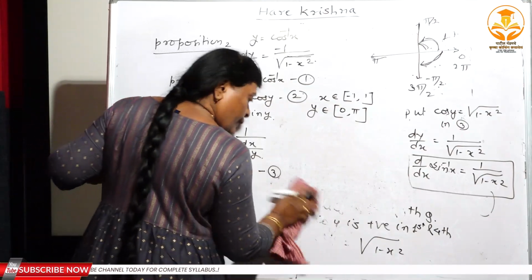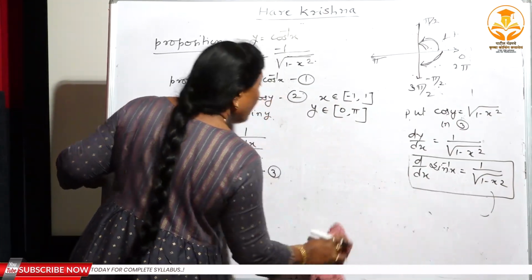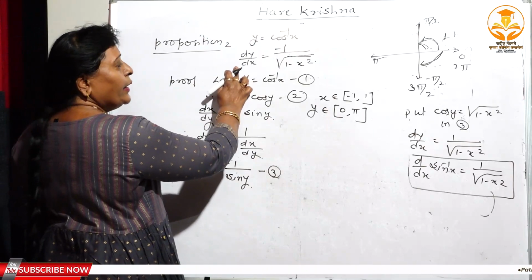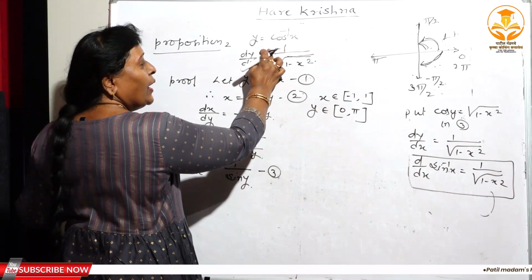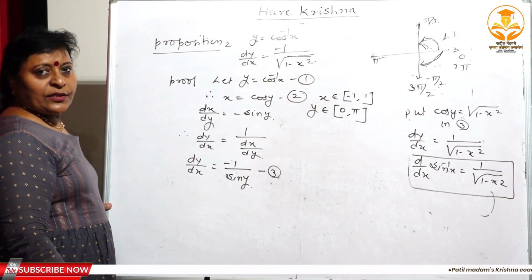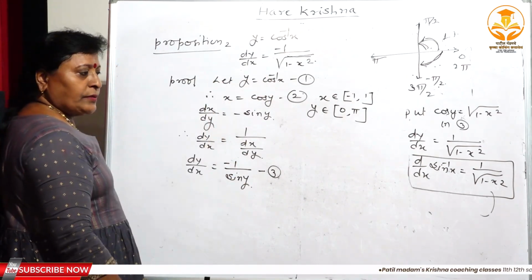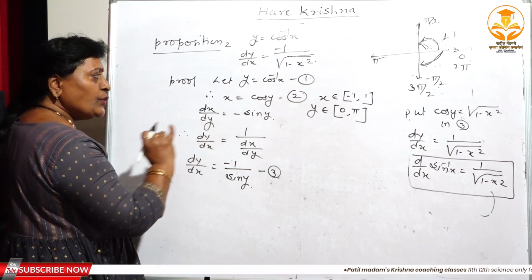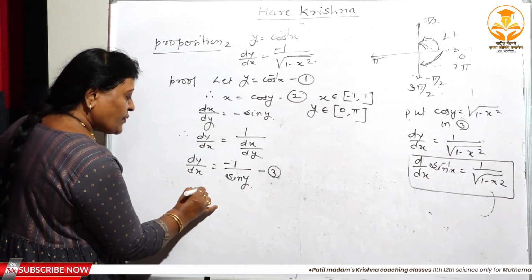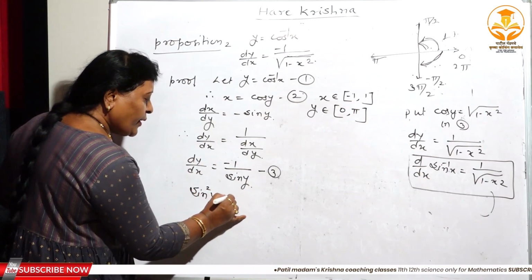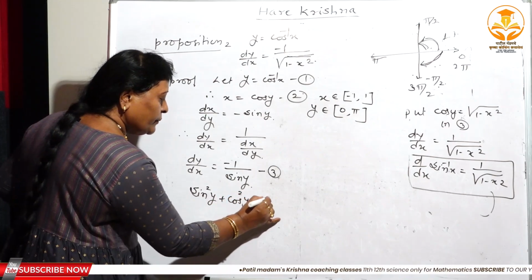Again, we have found dy by dx, but here we want to find out dy by dx, it is nothing but what here? Minus 1 upon root of 1 minus x square. Again we want sin y in the form of x, right? Therefore, again we have to use the identity, that is sin square y plus cos square y is equal to 1, right?